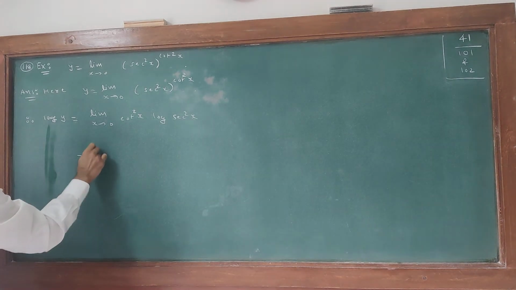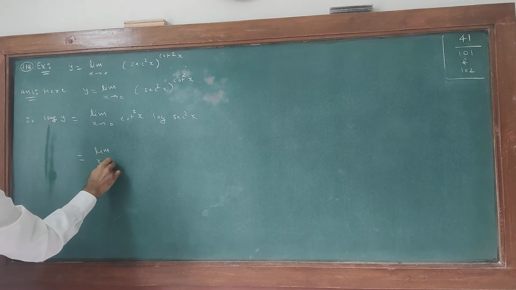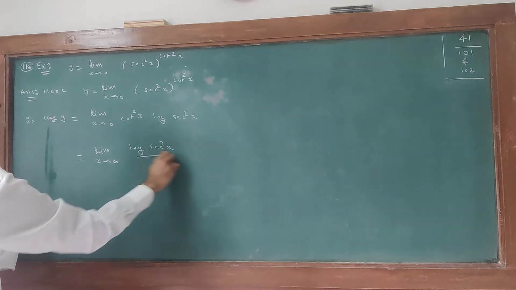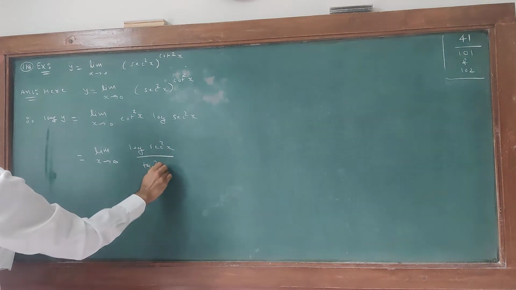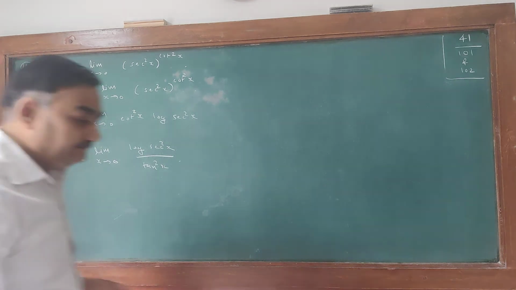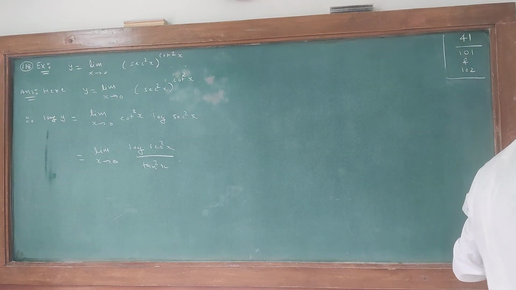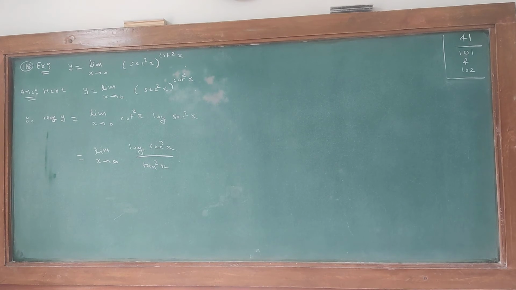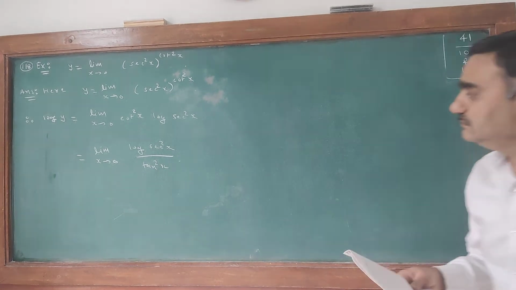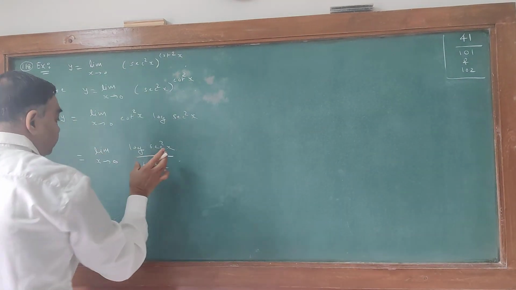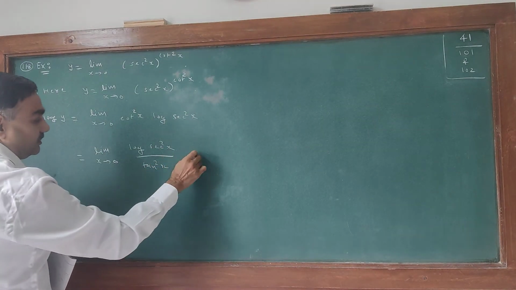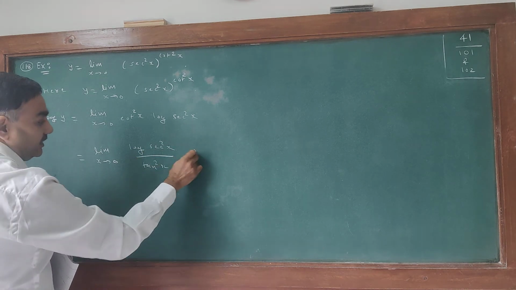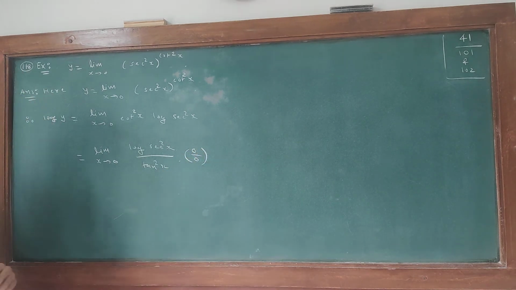So this is equal to limit x tends to 0, log sec square x upon tan square x. If we put x equal to 0, sec 0 will be 1 and tan 0 is 0, so it is 0 upon 0.